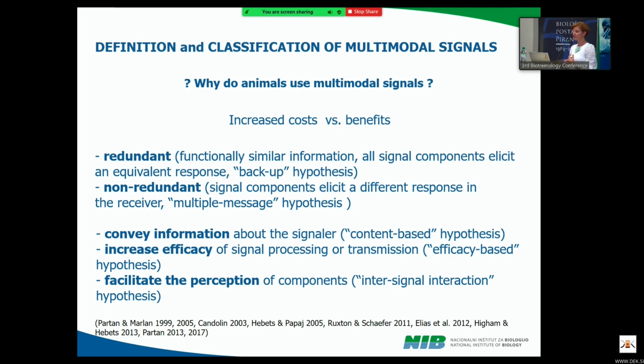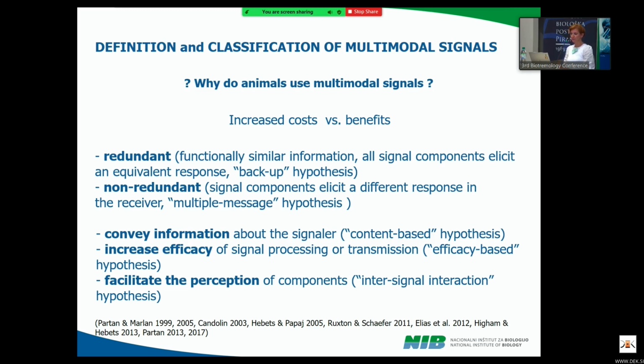Moreover, they can increase the efficiency of signal processing, and this is probably very beneficial in noisy environments because animals can shift from one more noisy modality to a less noisy modality. And specifically with this very wide anthropogenic noise, either chemical pollution, light pollution, or acoustic pollution, multimodal communication in noisy environments is being increasingly studied.